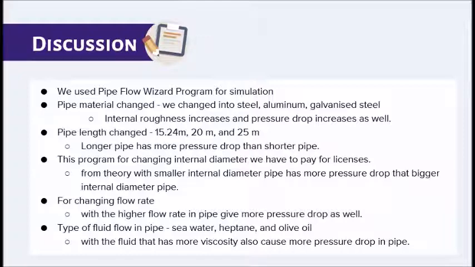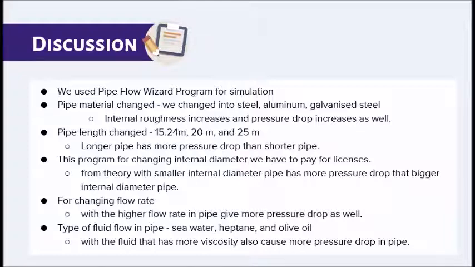The third one, because of the limitation of this program, we have to pay for the license, so we cannot change the internal diameter. But from the theory, a smaller internal diameter will cause more pressure drop than a bigger internal diameter. For the fourth one, changing the flow rate, a higher flow rate in the pipe will give more pressure drop as well.